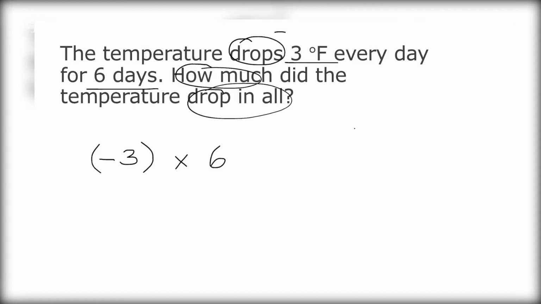Remember that when I'm multiplying numbers that have different signs, the result is going to be negative. So basically what I have to do with this is I just multiply the numbers regularly. 3 times 6 is going to be 18. And then my result on this side is going to be an 18. But since both of these numbers have different signs, the sign of this result is going to be negative.